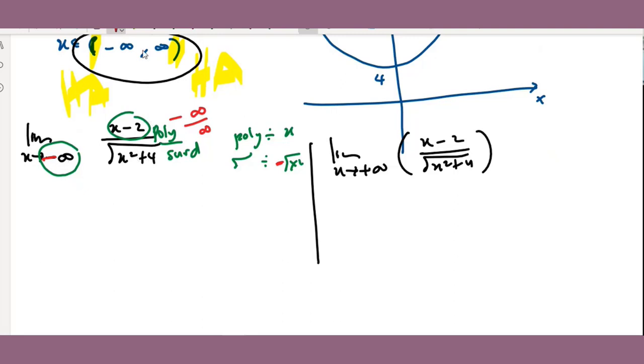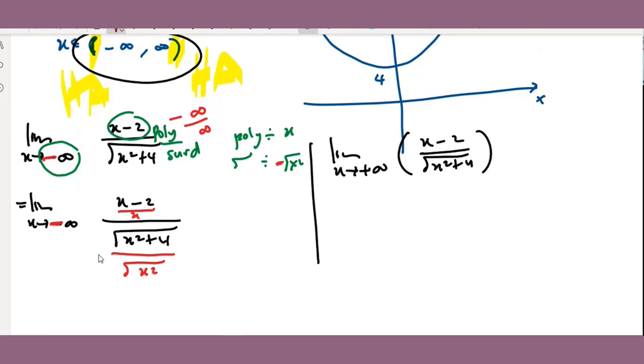So let's continue. Limit as x tends to negative infinity of (x minus 2) over the square root of (x squared plus 4). Divide the polynomial by x and the root by the square root of x squared. This one is negative, so this one is negative. Make sure inside is an even power: x power 2, x power 4.